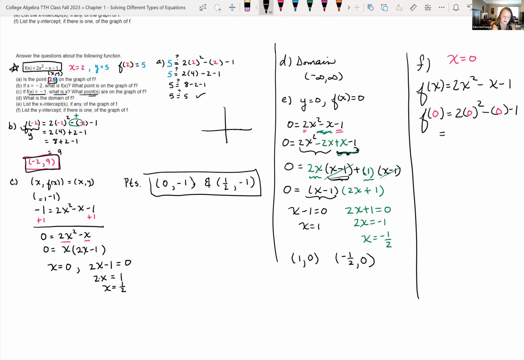And so doing so, we get 2 times 0 squared. Well, 0 squared is 0, times 2 is 0, minus 0 is 0. So all we're left with is -1. And so our y-intercept is when y is -1. And so I could write that as a point as 0, -1.